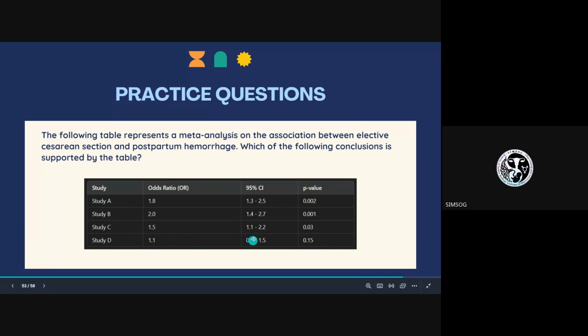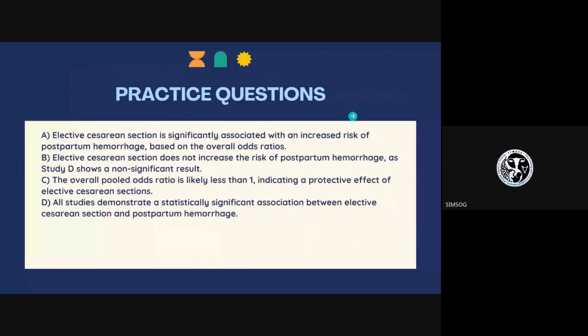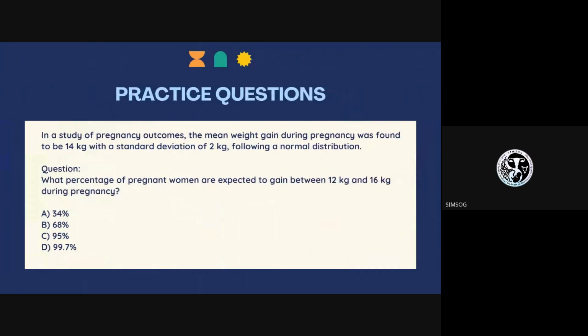And if you observe, as I told before, because the lower limit is going below 1, the p-value is also not significant. That's how confidence interval and p-value are related; I won't go into the depths of it. So forget these options. I just want y'all to know how to interpret the studies.